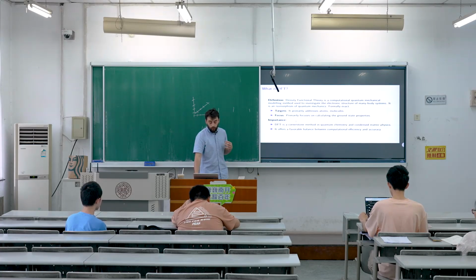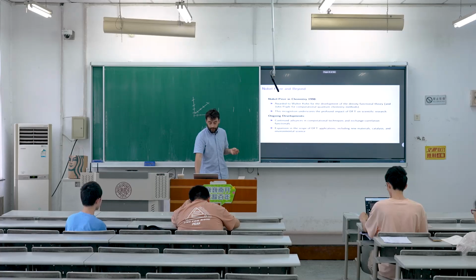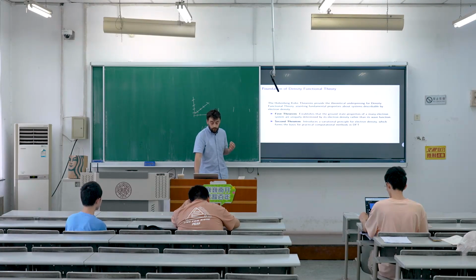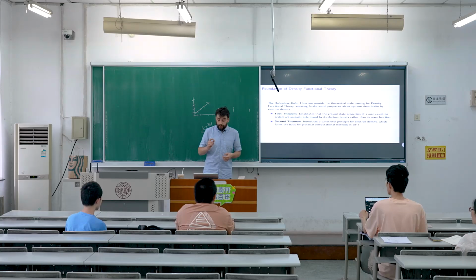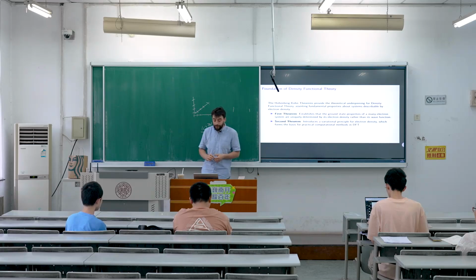And what we really need to understand, we'll go past the background, is that DFT is an exact reformulation of quantum mechanics, right? So the Hohenberg-Kohn theorems state that firstly, all the ground state properties of the system are uniquely determined by the electron density of the ground state.